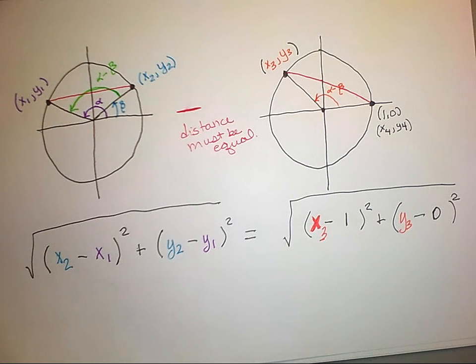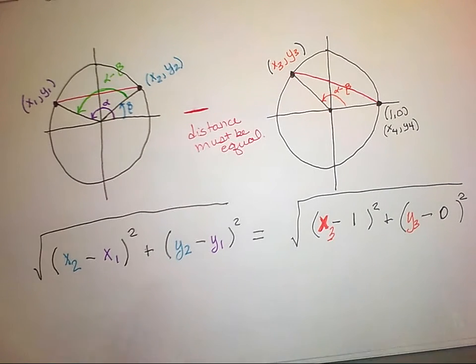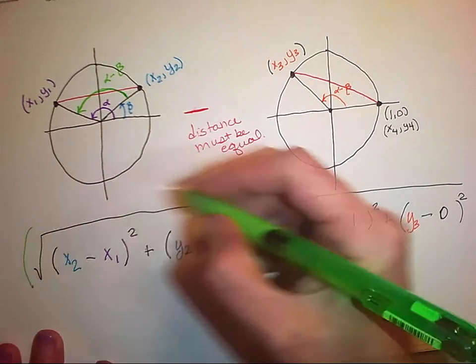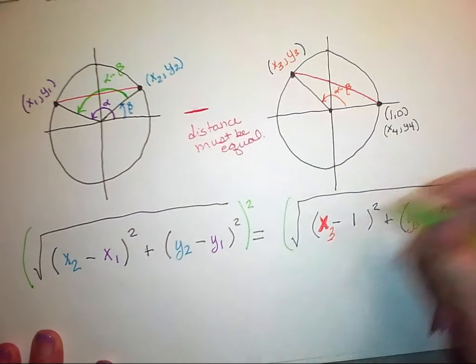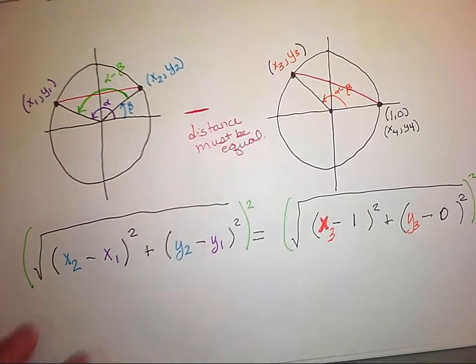Now let's start simplifying this equation. The first thing I want to do is get rid of these radicals, so let's square both sides.